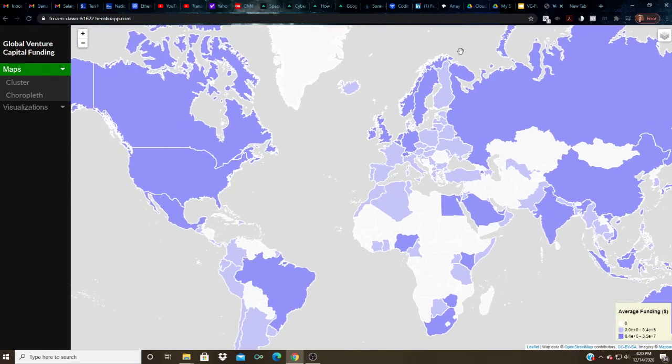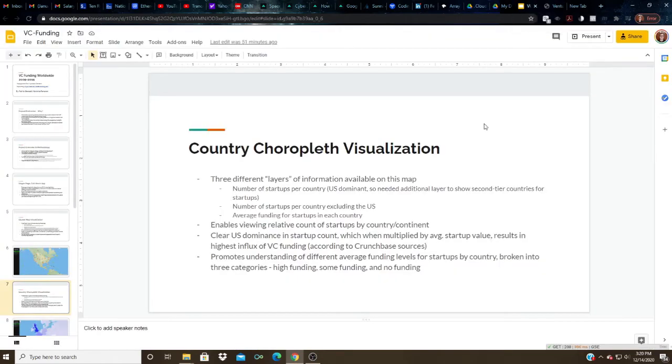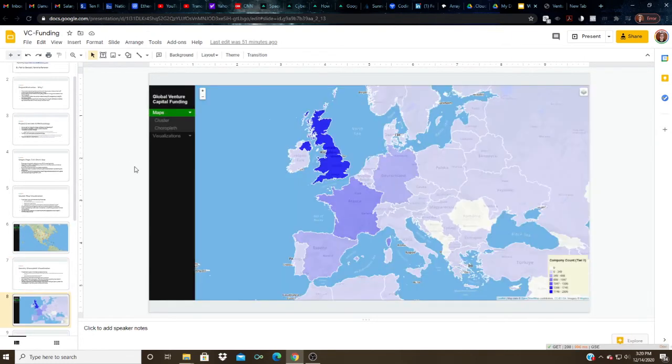It's just another layer you can look at. So you can see exactly what I explained: US dominance, different funding levels for each country, and this is a zoom in of Europe for the company count for second tier.